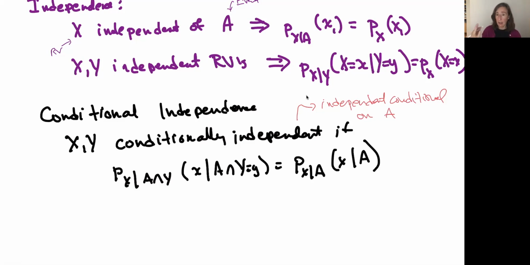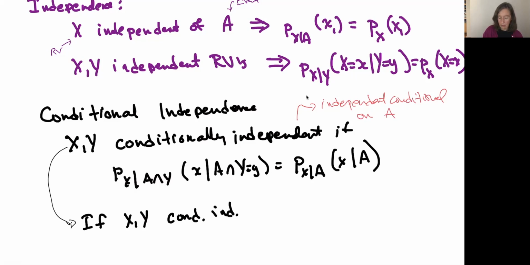The one last thing I'll say about conditional independence, which is true for any kind of independence and follows directly from this, is that if X and Y are conditionally independent, then we can find the joint probability conditional on the event that makes them independent, conditional on A. Sorry, did I do that right?